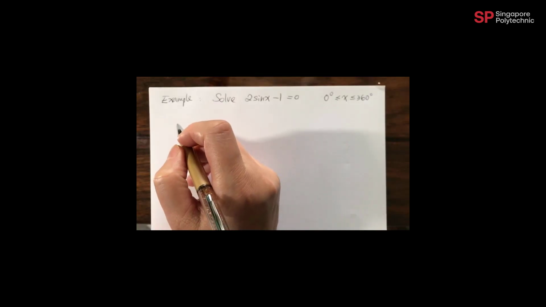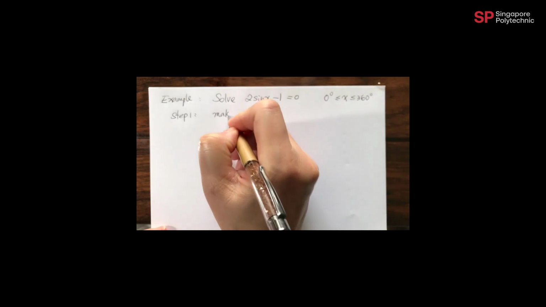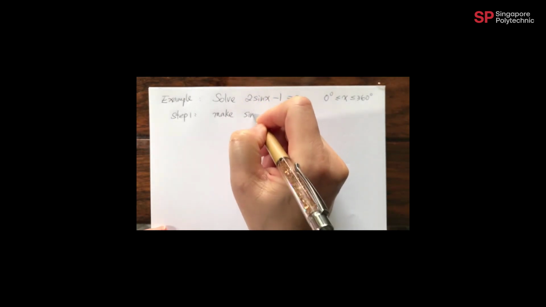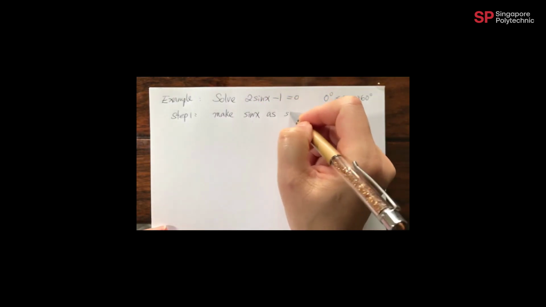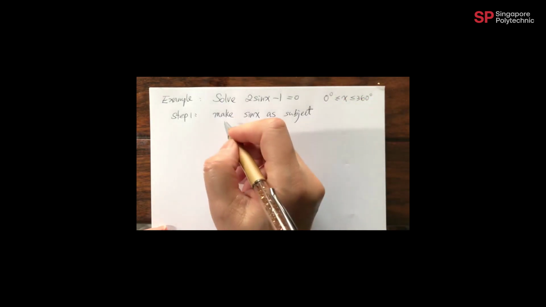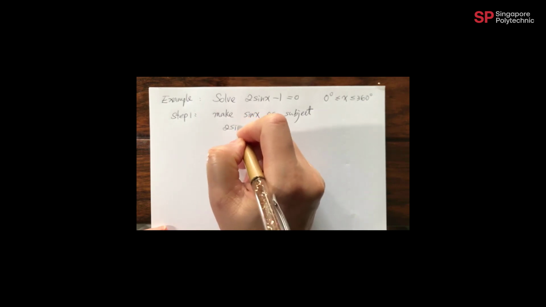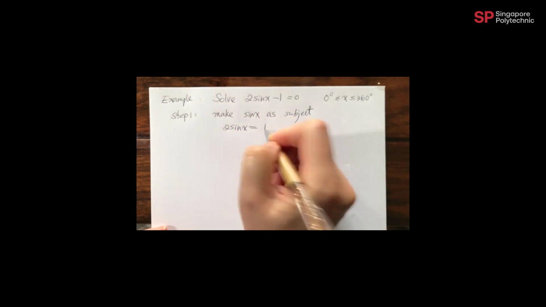Okay, let's solve this trigo equation. The step number 1 that we need to do is to make the trigo sine ratio the subject. So to do this, we will plus 1 on both sides. That will give us 2 sine x equals to 1.